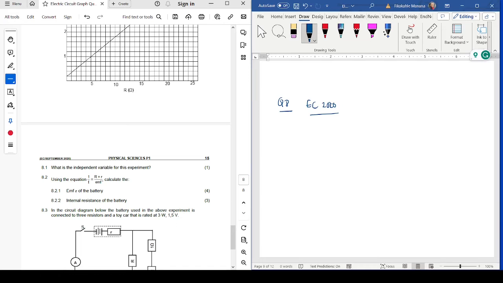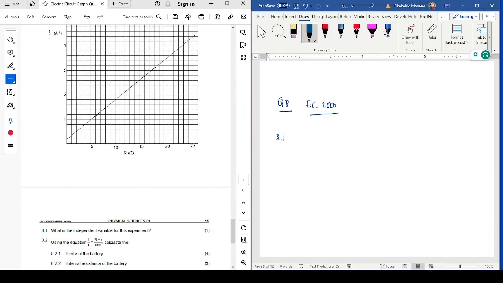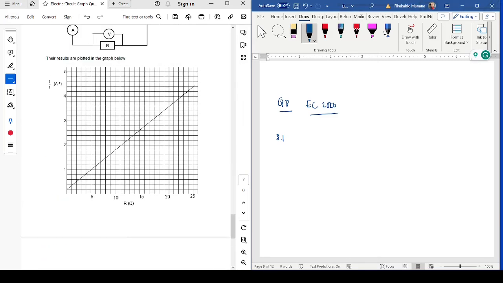All right, so it says 8.1. What is the independent variable for this experiment? So the independent variable, if you want to cram, your y-axis is dependent on the x-axis. So your y-axis would be the dependent variable, and your x-axis would be the independent variable.